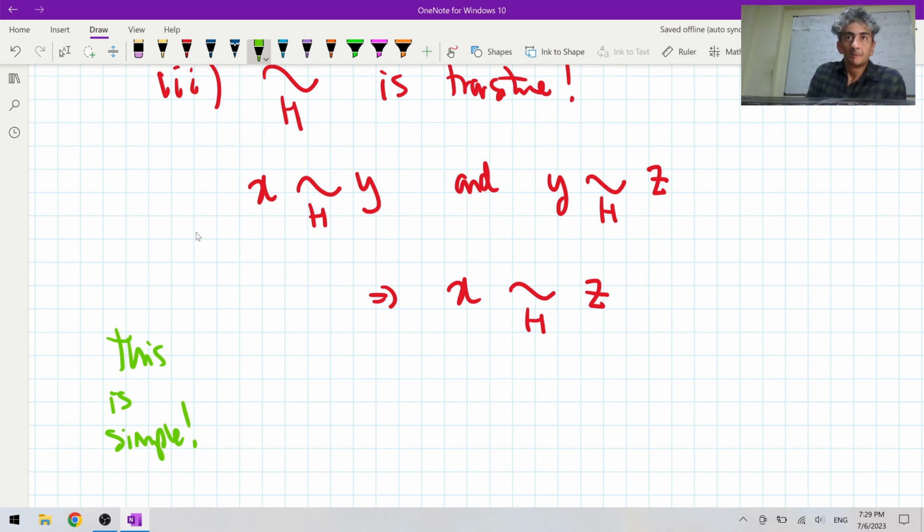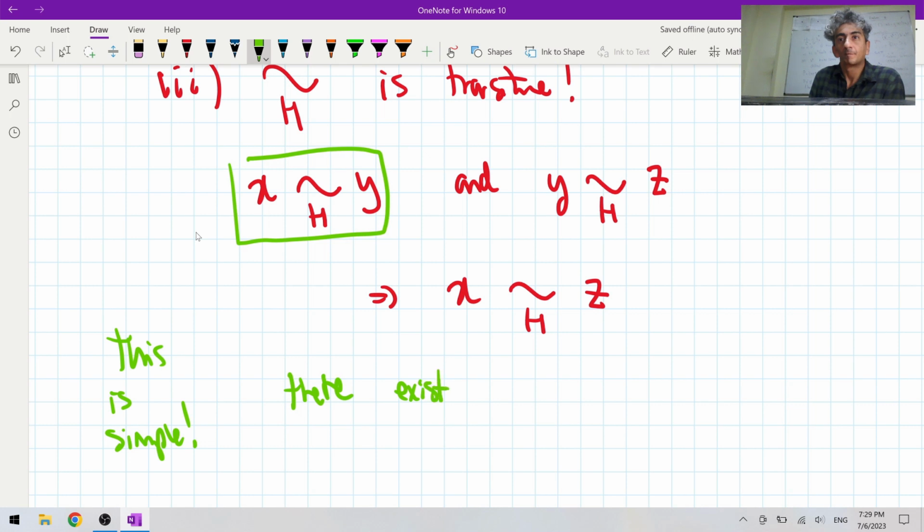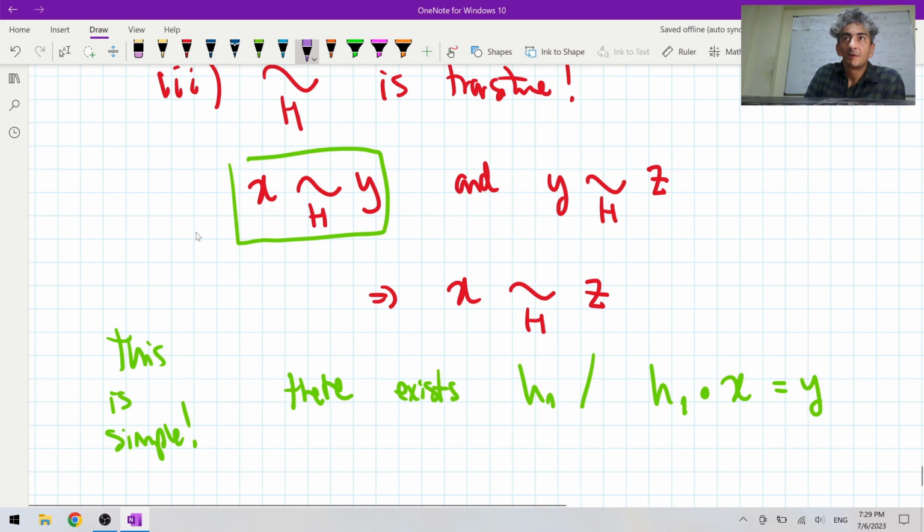What does this mean? Well, this means that there exists H1 such that H1 acts on X and returns Y. And what does this mean now?